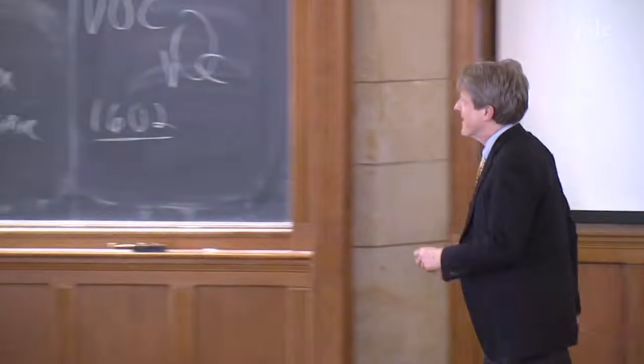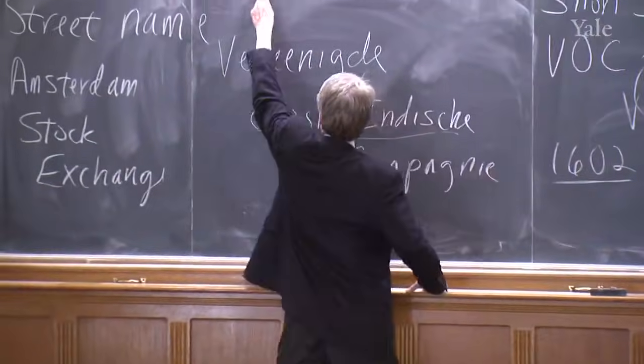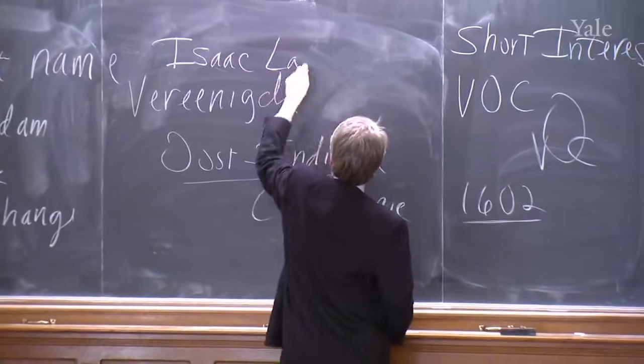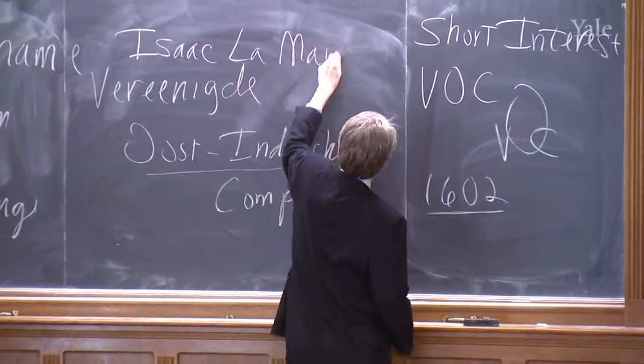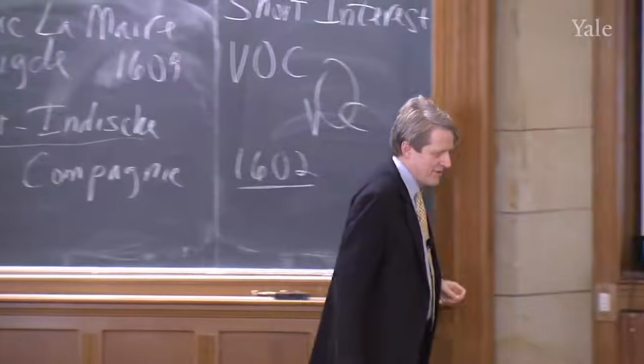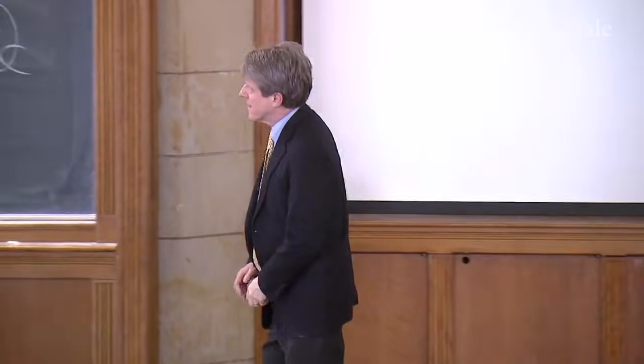There was a scandal. I was reading the history of this in, who was the guy? Isaac Lemaire, a Dutchman. In 1609, he was not a broker, he was a businessman.